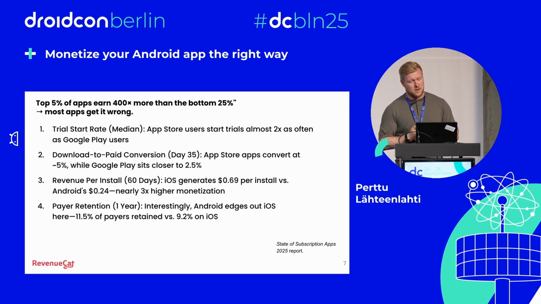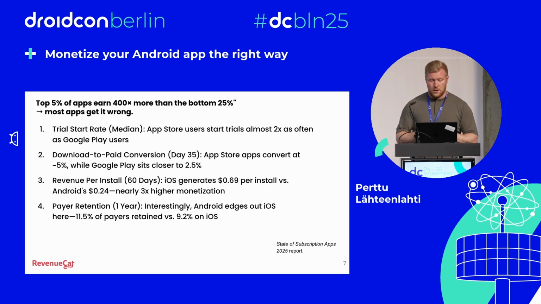And on Android, Android users are less likely to start trials than iOS users. They also convert worse than iOS. So only like 2.5% compared to the iOS 5%. And they also generate less revenue per install. iOS apps, for example, make almost 3 times more.